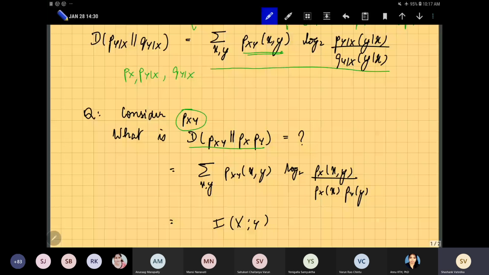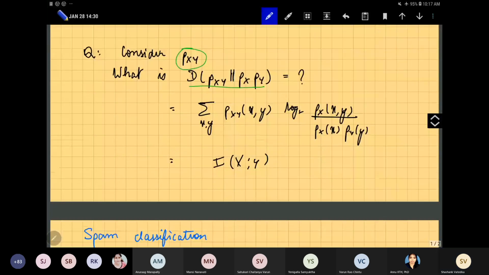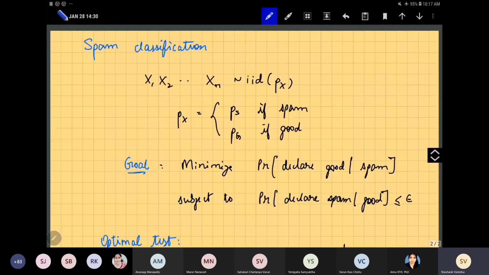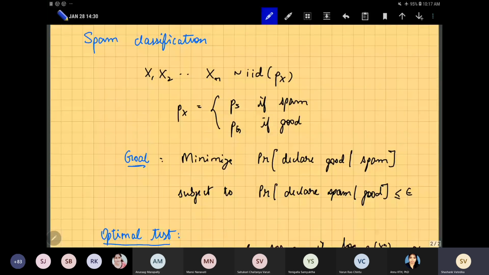So, but really, what is the operational meaning of the KL divergence, and where does this arise in practice? Recall that in the very first class, I talked about three main problems that we're interested in. The first problem was how do we compress data efficiently? And for that, we saw that the minimum rate of compression is equal to the entropy.